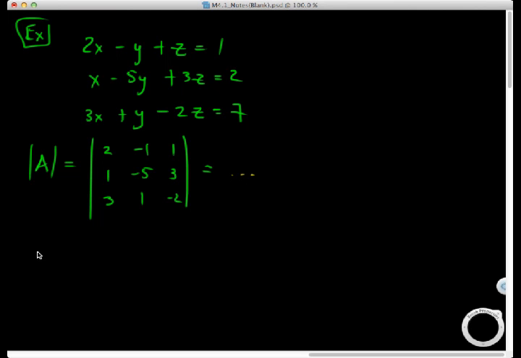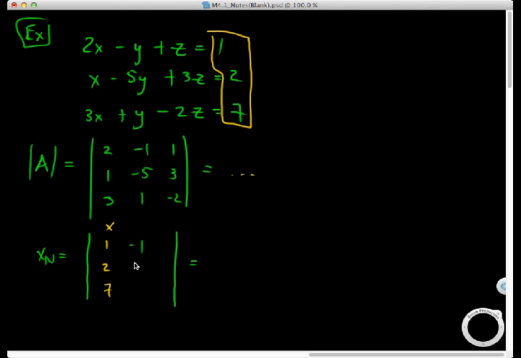To find the x numerator determinant, it's thematically exactly the same. I will replace the x column with the right-hand side here. So I'd have 1, 2, 7, and all of the other numbers would be the same: negative 1, negative 5, 1, and 1, 3, negative 2. I'd be able to go from there to calculate the x numerator.